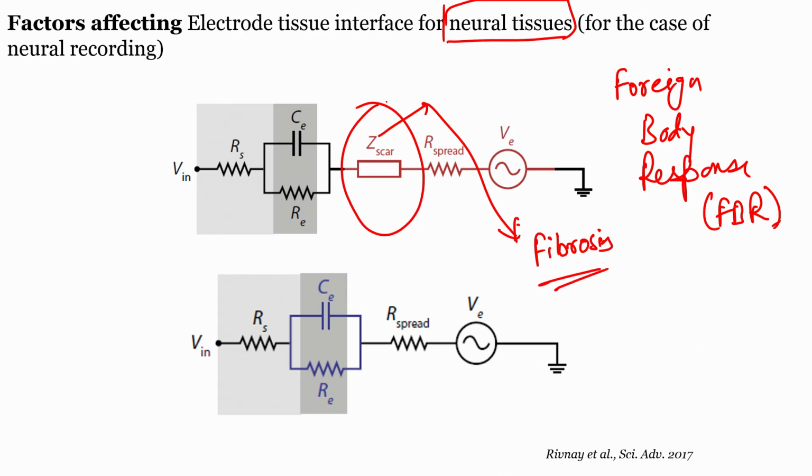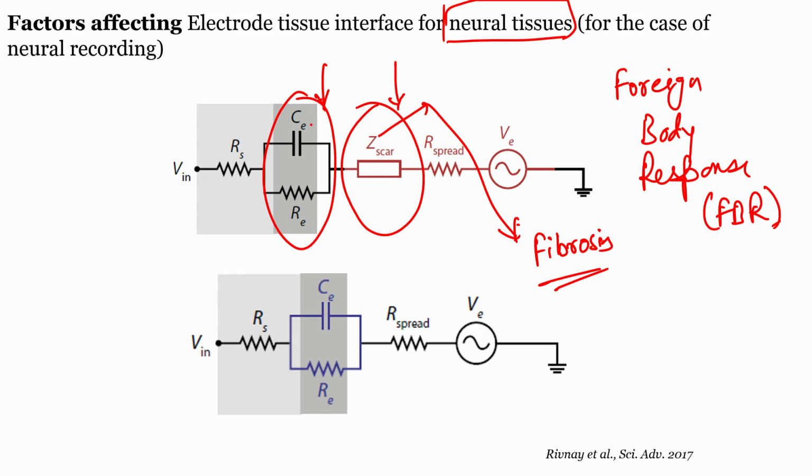Now the question arises, is there any way to improve the overall electrode tissue interface? What does it mean? Reducing this quantity and eliminating this quantity. This quantity we cannot eliminate because by default electrode and tissue are two different materials.